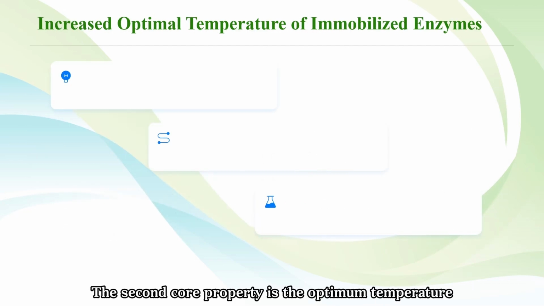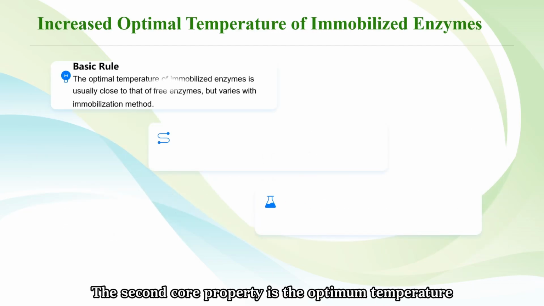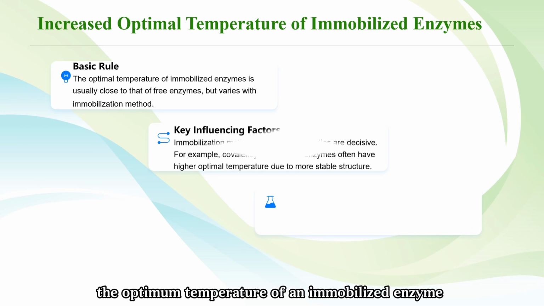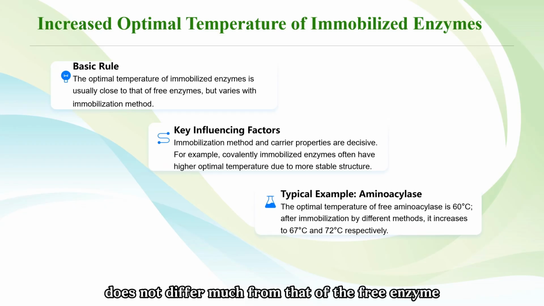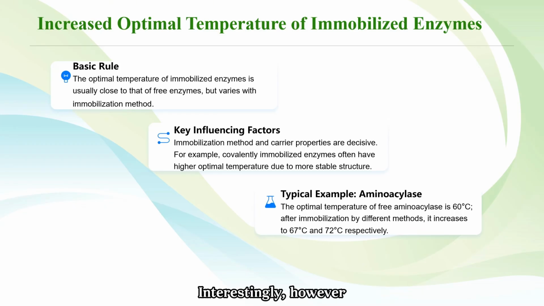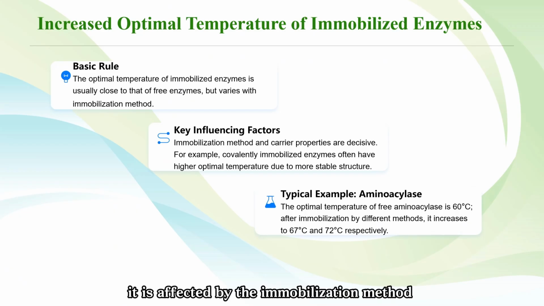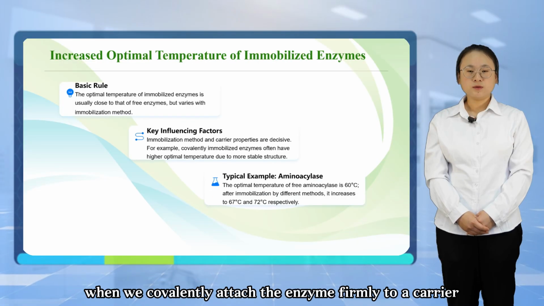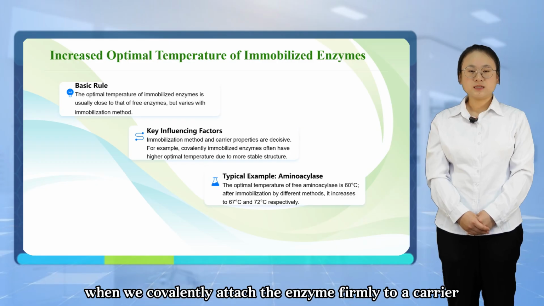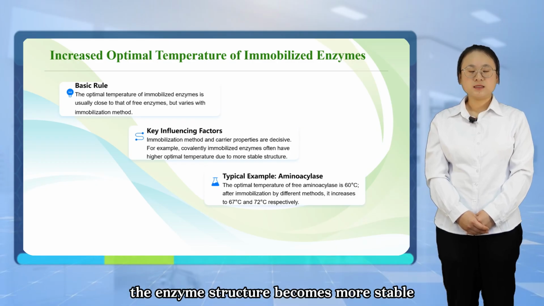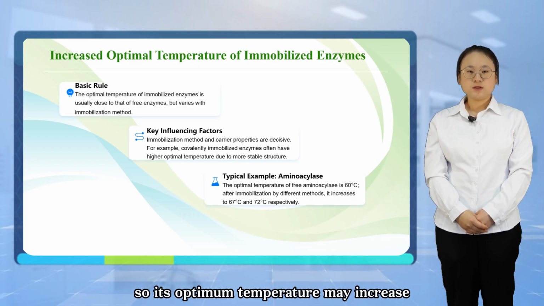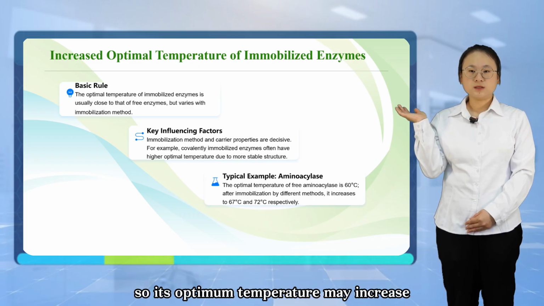The second core property is the optimum temperature. Generally, the optimum temperature of an immobilized enzyme does not differ much from that of the free enzyme. Interestingly, however, this value is not fixed. It is affected by the immobilization method and the support material we use. For example, when we covalently attach the enzyme firmly to a carrier, the enzyme structure becomes more stable, so its optimum temperature may increase.